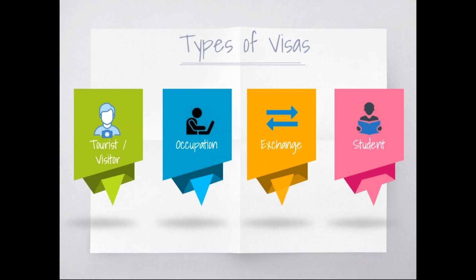The second type is specialty occupation or professional visas. The professional workers may be eligible for a non-immigrant visa if their employers can demonstrate that they are to be paid at least the prevailing wage for that particular position.